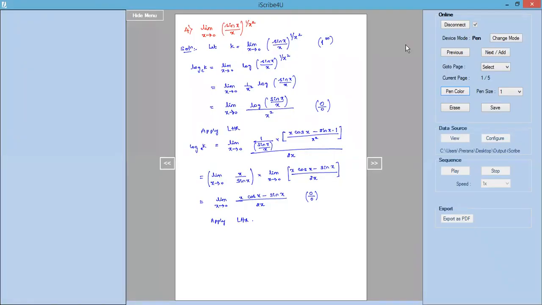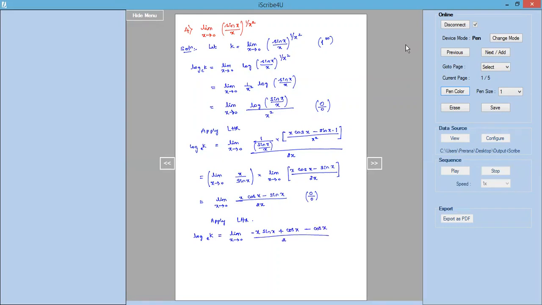Now, again applying L'Hopital rule, we differentiate the numerator and denominator separately. So log k to the base e is equal to the limit as x tends to 0 of the differentiation of x cos x, by the product rule: x into minus sin x plus cos x into 1, minus the differentiation of sin x, which is cos x, the whole divided by the differentiation of 2x, which is 2.